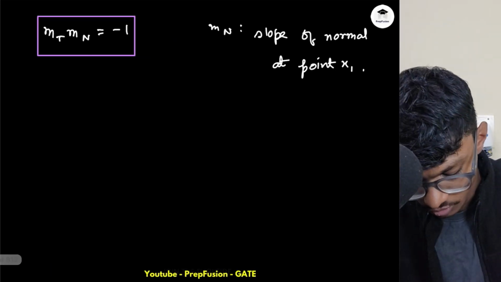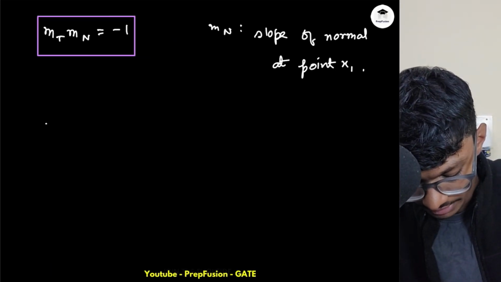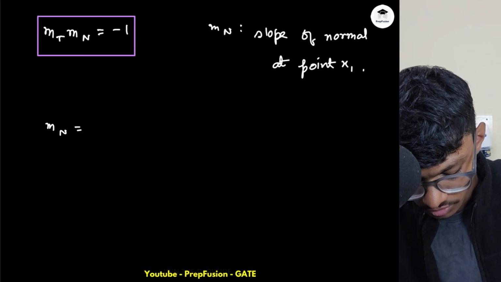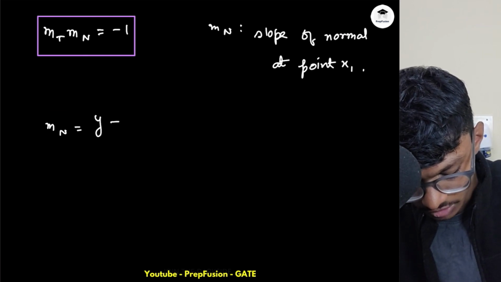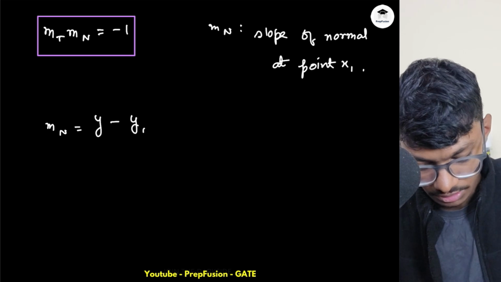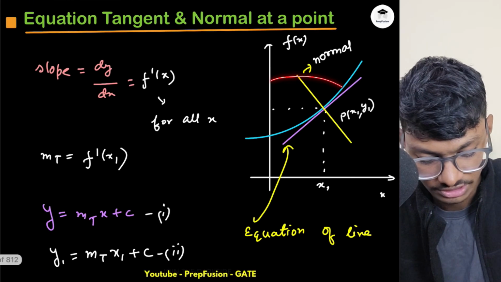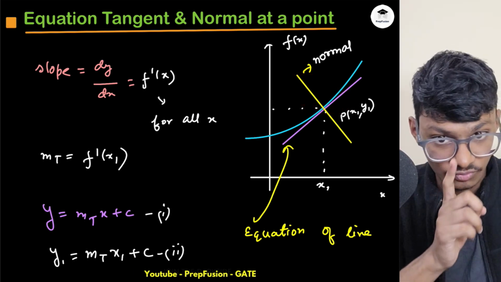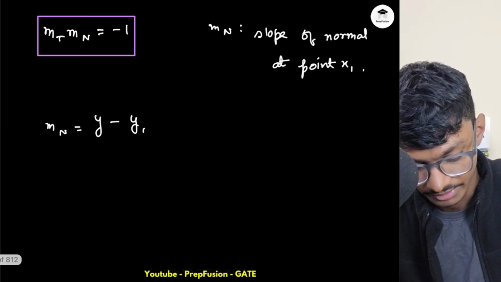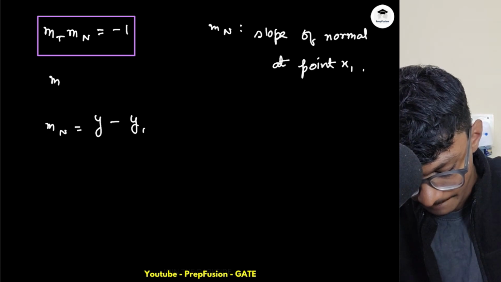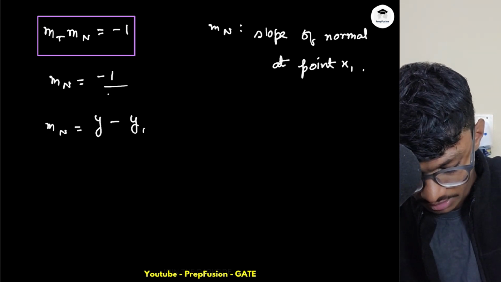Again I will use the same thing. I won't derive mn right now, I will write directly that mn equals y minus y1, because obviously it has to satisfy this point, because the normal is also passing through this point x1, y1, and obviously the slope is just -1 times 1 by mt. So basically my mn will be -1 by mt.